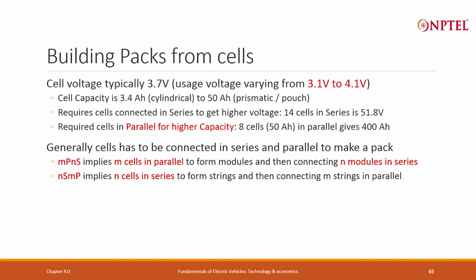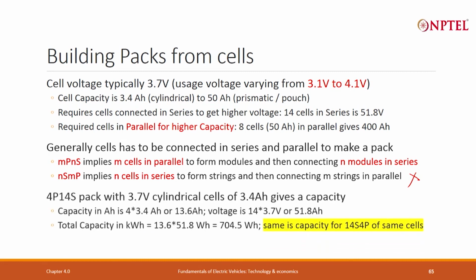Not so with NSMP. NS, first you put N cells in series, then you put them in parallel, and we will look at both these designs, MPNS and NSMP. You will see NSMP is not a good way to design and it is not used. It is MPNS that you will design, and M and N can vary.